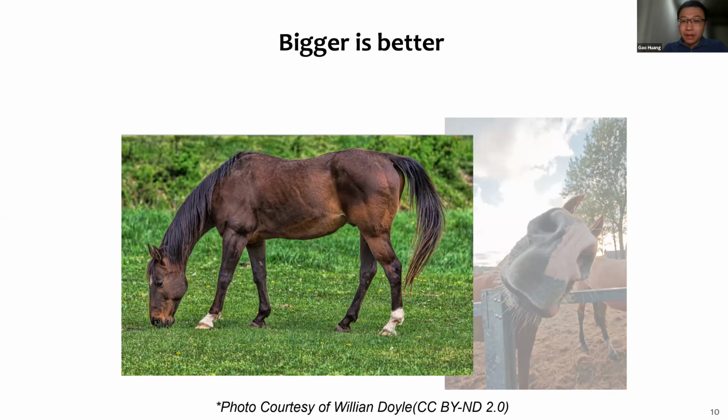And we notice that this is actually a waste of computation, because I think for the left image, a very shallow network can do the job well. However, for the right image, it may take a very deep network because it may need some complicated feature extractors to form the concept of a horse, right?